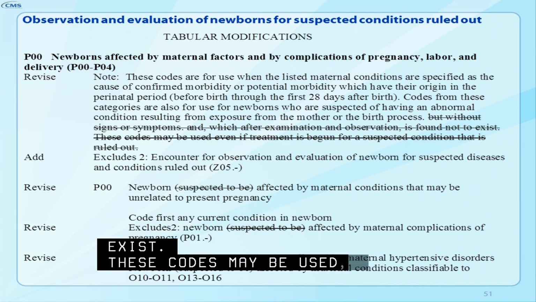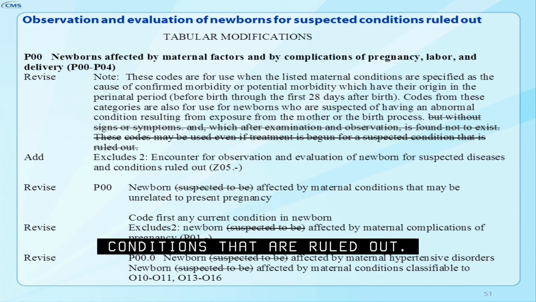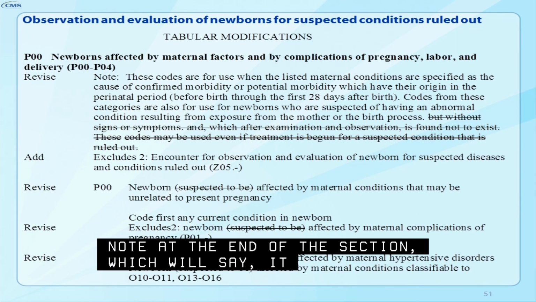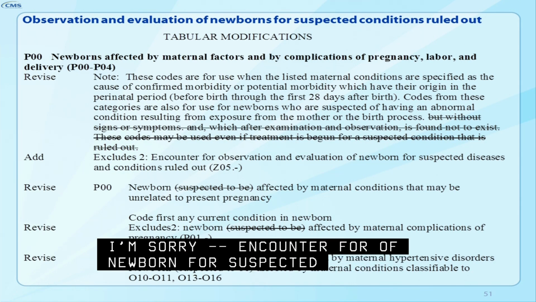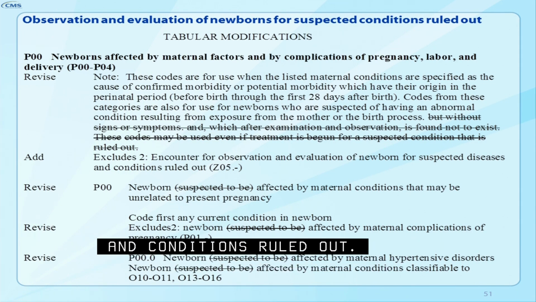So part of the revised proposal, again, we're revising the code note at the P00 to P04 section. We're also going to add an excludes note under this section, which states: encounter for observation and evaluation of newborn for suspected diseases and conditions ruled out. Again, this is Z05, which is our proposed new code category.